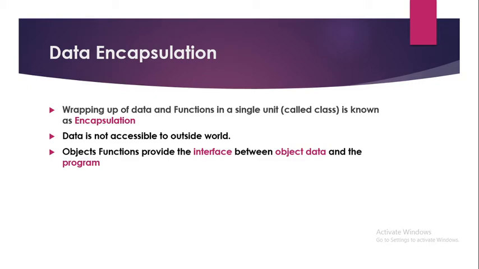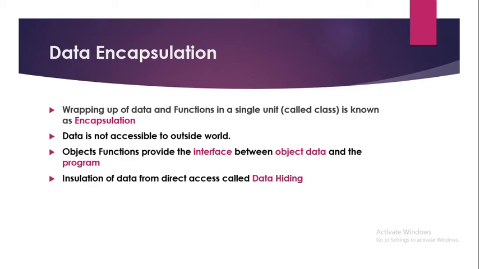Even though direct access to the data is not possible, the functions which are defined within the class for the same object can directly access its own data. So object functions provide the interface between object data and the remaining part of the program, or other objects.